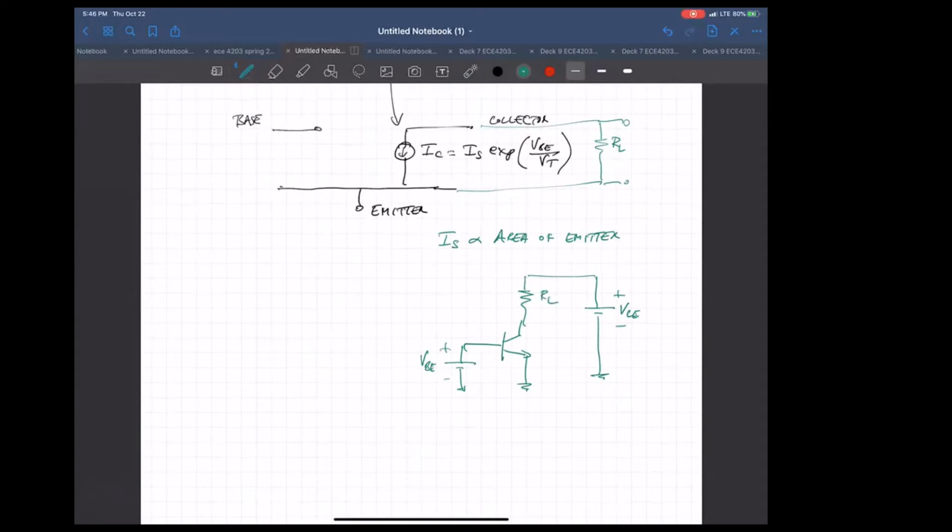And so remember, you have this NPN structure with this being the emitter.